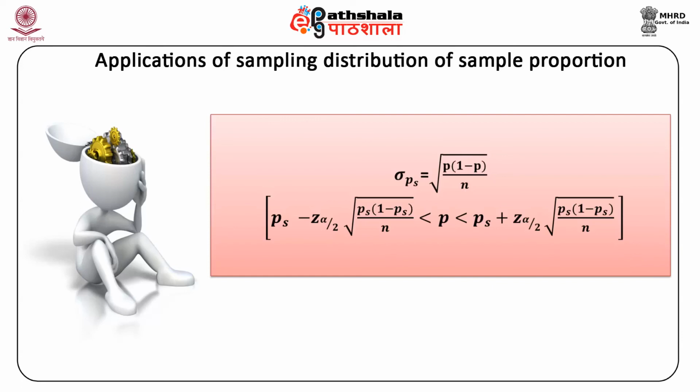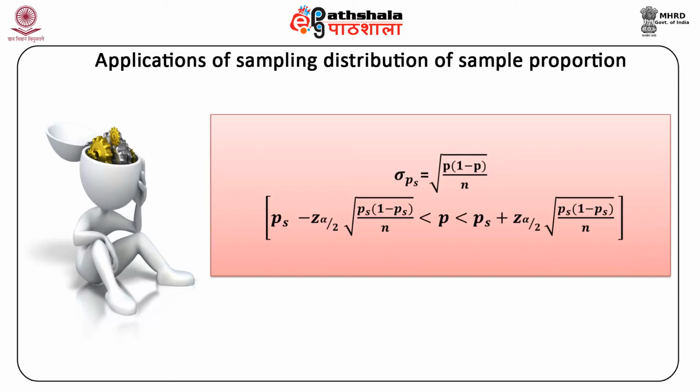In particular, we can test the hypothesis that the population proportion is a specified value, that is, null hypothesis H0: p equals p0, against the alternative hypothesis HA: p is greater than p0, or p is less than p0, or p is not equal to p0. The Z statistic is used for this purpose if the sample size is large.